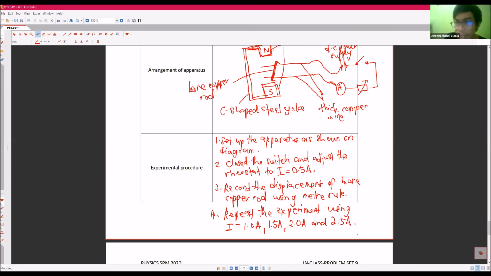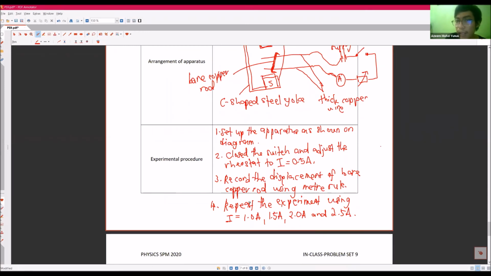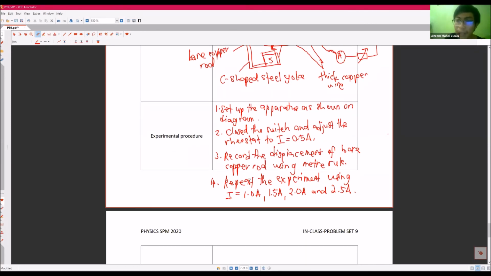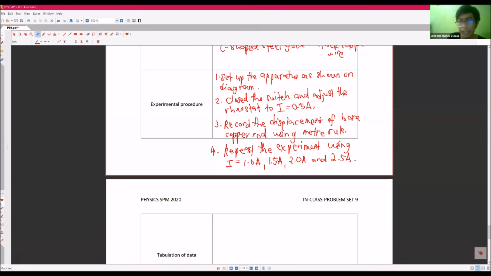So basically you cannot go higher than 3 or 4 because we use a DC power supply, which is quite limited in terms of the current. So you have to use small but attainable values. But again, you can just replace the values of I here with A, B, C, D, E or V, W, X, Y, Z. It doesn't matter actually.